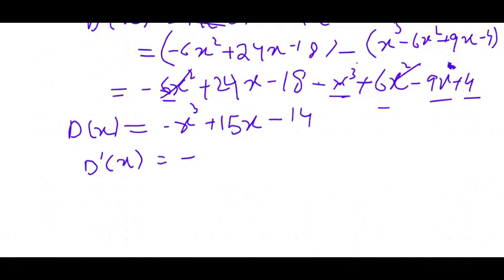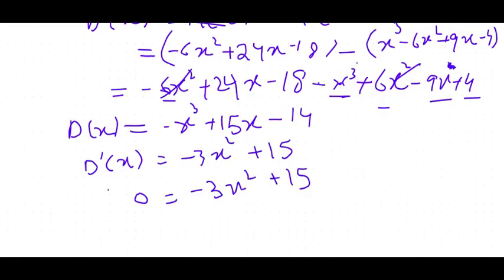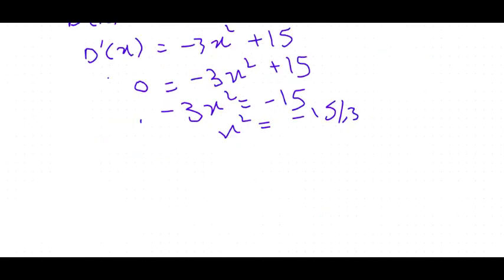When I put it equal to 0, minus 3x squared plus 15, I take the 15 over here. We get minus 3x squared equals minus 15, so x squared equals minus 15 by minus 3, which is 5.